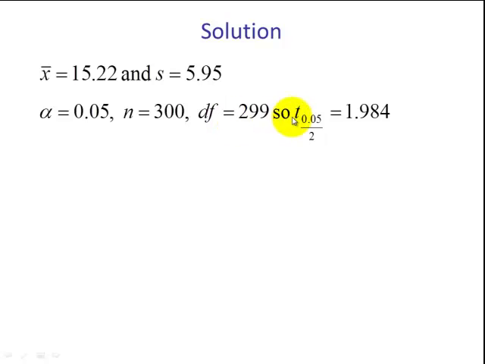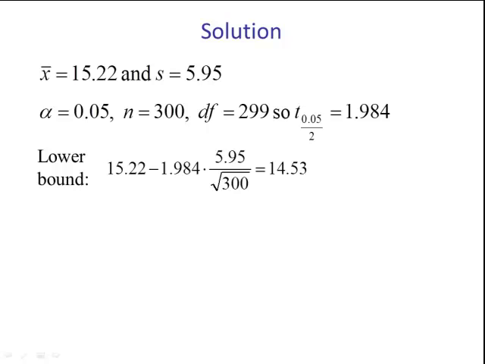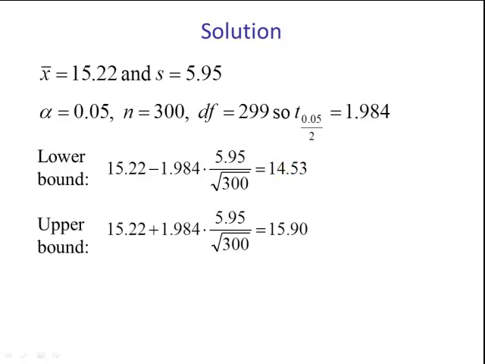So using table 6, our t alpha divided by 2 is 1.984. The lower bound turns out to be 14.53. The upper bound turns out to be 15.90.